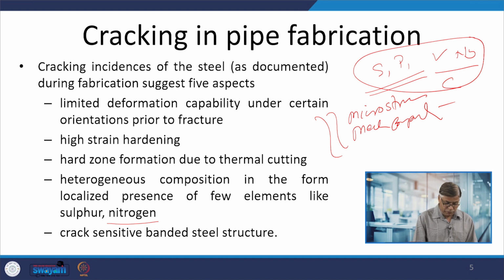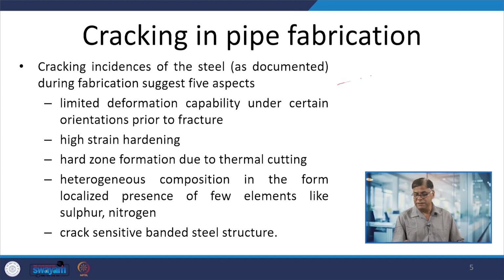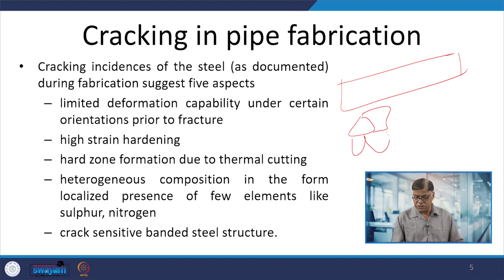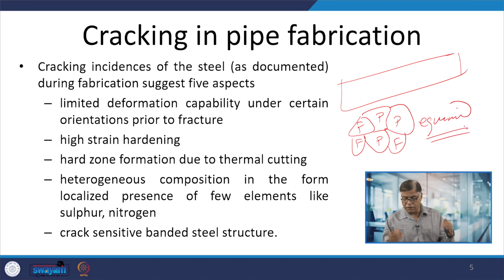Additionally, there is one more possible aspect, like when the incoming steel does not have an equiaxed grain structure, but a banded one, say a few pearlite, a few ferritic grains, as per the carbon content in the steel. The equiaxed grain structure will offer you a very good combination of structure and properties.